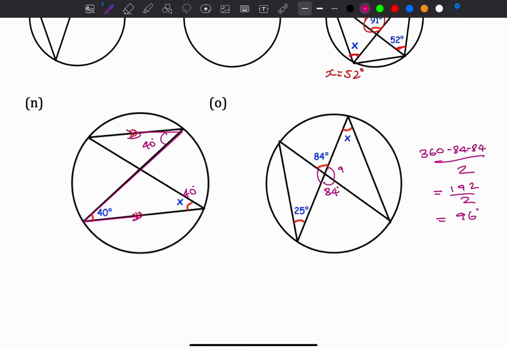So that is 96. That is also 96. If that's 96, what is this angle? 180 minus 96 minus 25. 180 minus 96 is 84. 84 take away 25 is 59. If that's 59, this is also 59 because angles in the same segment are equal.